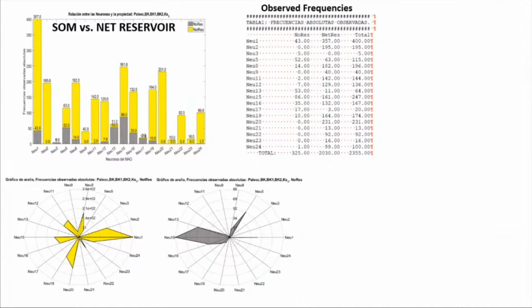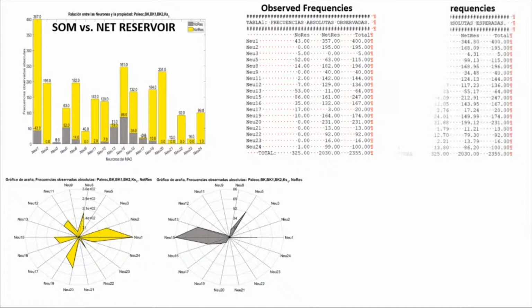In this case, you can see the proportion. This kind of chart shows you the magnitude, and you can see the neuron 1, 2, 3, 4, and so on. And you can see in the table that number 1 has a big proportion of net reservoir, number 2 also, and so on.